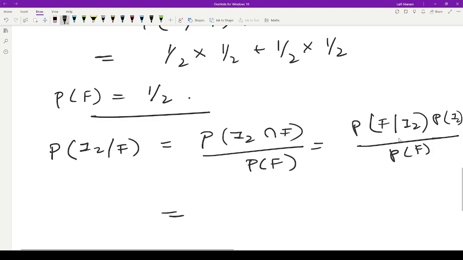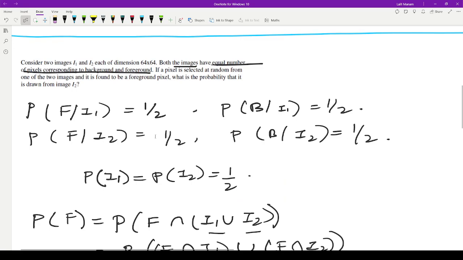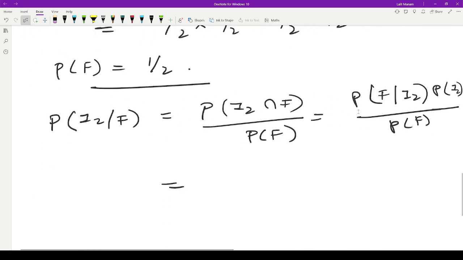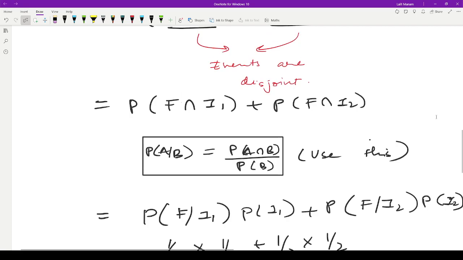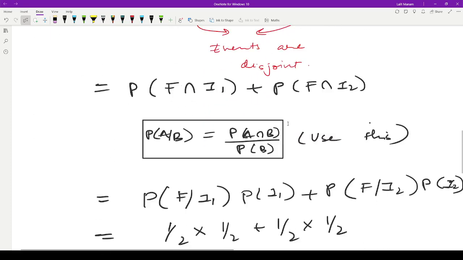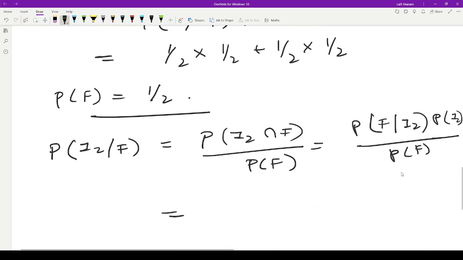What is probability of foreground given I2? It's half. What is the probability of choosing the image I2? It's also half. And the probability of foreground is also half. So it's half into half by half, which gives us half. So the probability of choosing the pixel I2 given that it's a foreground pixel is also half.